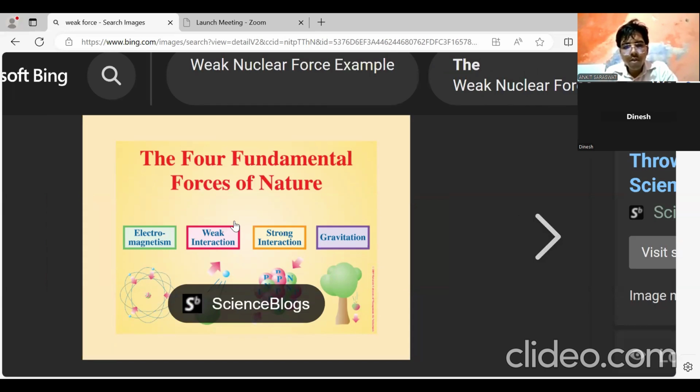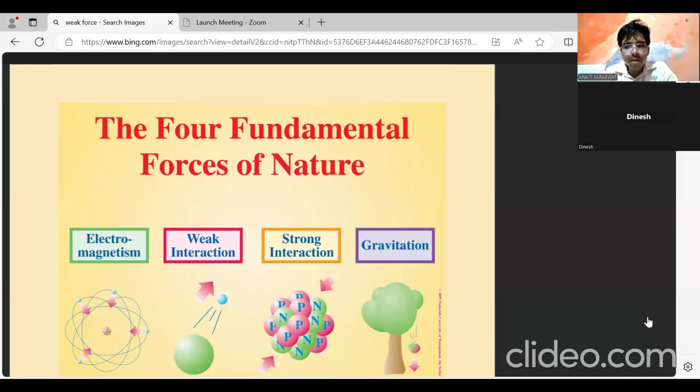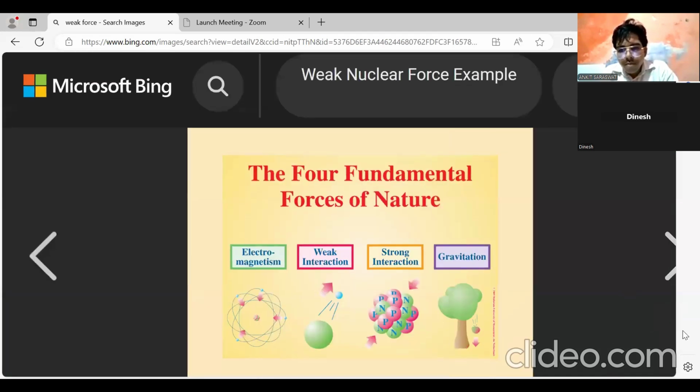Check. Four fundamental forces, I have discussed this. Understood? Yes, sir. One is electrostatic force. One is weak nuclear force.